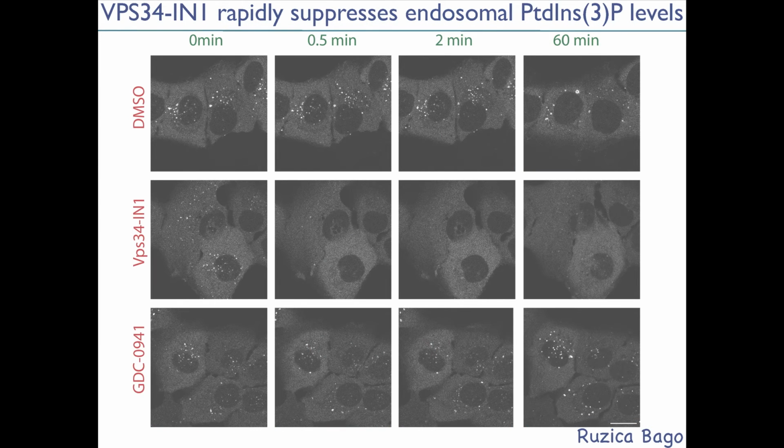And this compound turns out to very effectively dissociate SGK3 from the endosome structures in cells. So this is SGK3 located to the endosomes, and even within half a minute of adding this VPS34 inhibitor to cells, you can see that the SGK3 comes off the endosome.